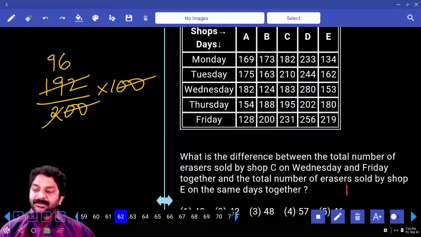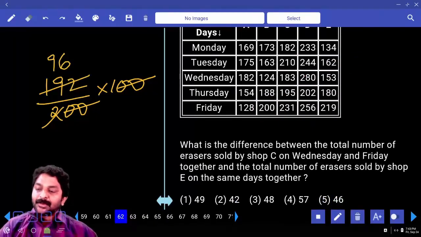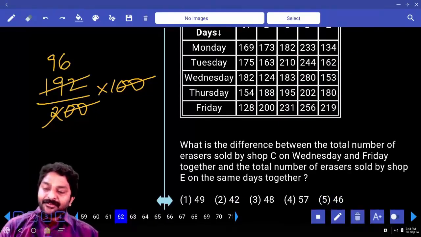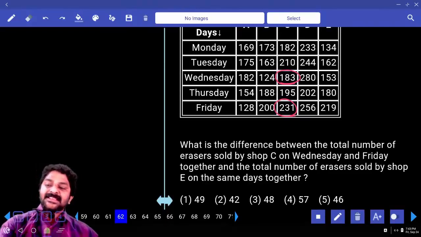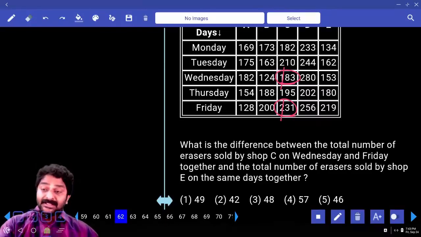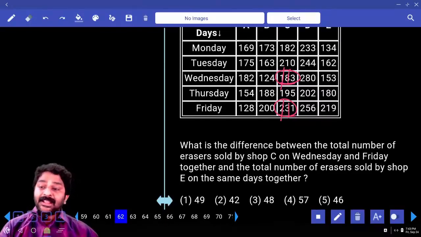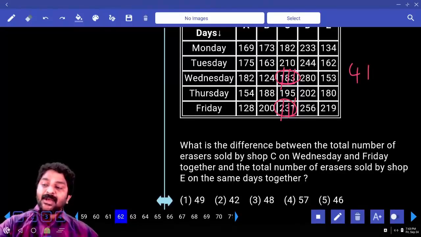What is the difference between the total number of erasers sold by shop C on Wednesday and Friday together? Hundreds places: 100, 200, 300, 80, 30, 110. 4 total so far, 410. Units digit, 3 plus 1, 4.